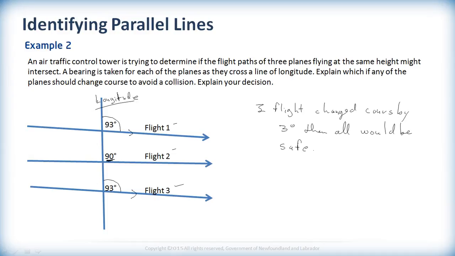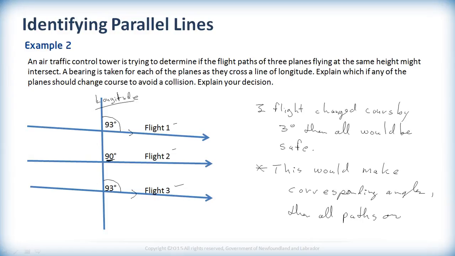Okay, so why is that going to be the case? This would allow it to make corresponding angles. So if it makes corresponding angles, then all paths are parallel. And that'll do it. So just using our properties of corresponding angles there.